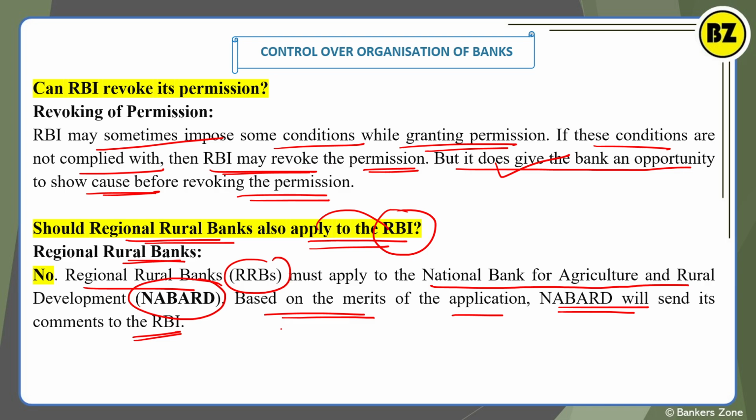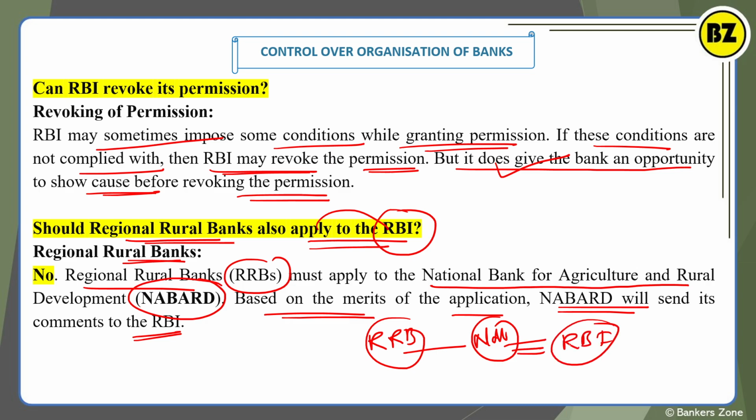If an RRB has to open a branch or any offices, they have to first approach NABARD. Then NABARD will forward its recommendation to RBI for final sanction. So there is an intermediary. Ultimately the license will be sanctioned by the RBI, but NABARD is the intermediary with respect to the RRB.